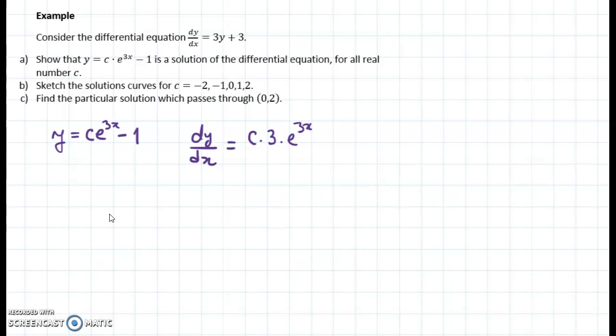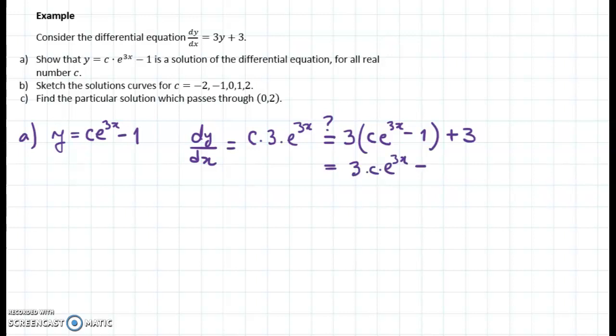So now we want to check that we get the same by considering this derivative and by considering 3 times the function, so 3 times c times e to the 3x minus 1, plus 3. We want to check that this is true. On the right hand side here we have 3 times c times e to the 3x.